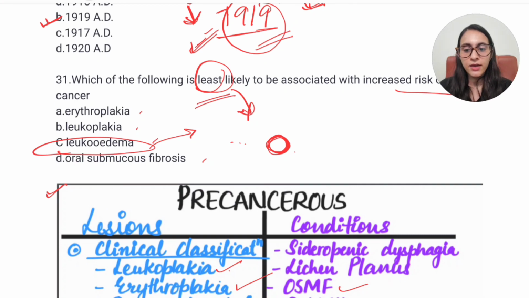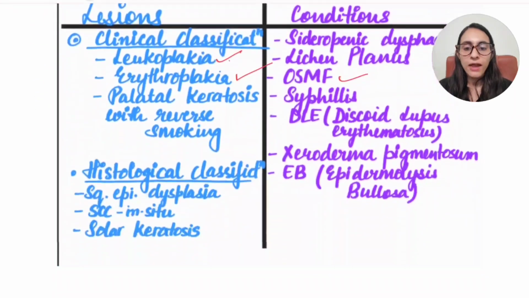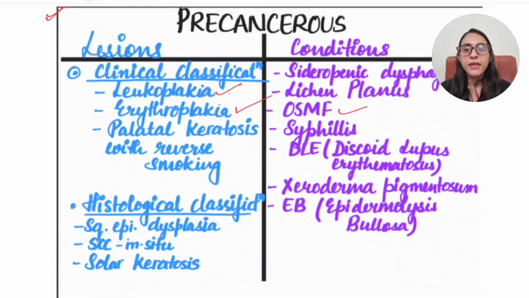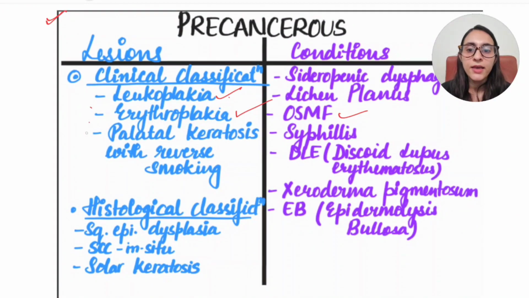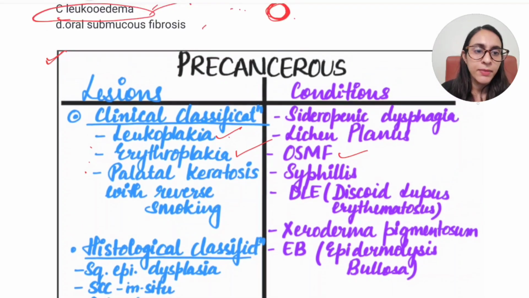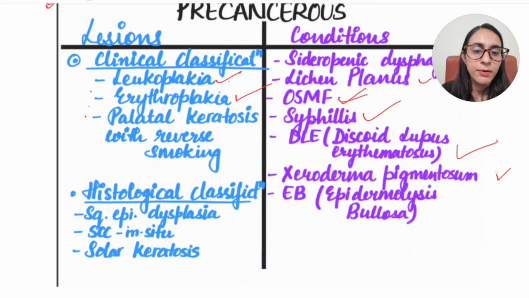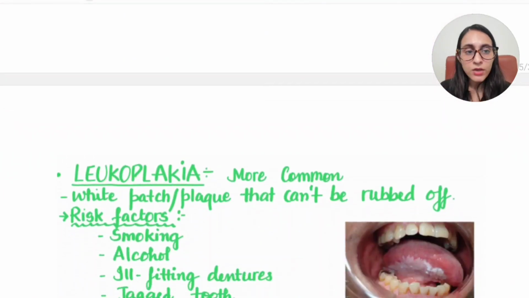All the rest have a high risk of oral cancer. The precancerous lesions are leukoplakia, erythroplakia, and palatal keratosis with reverse smoking, and the conditions are sideropenic dysphagia, lichen planus, OSMF, syphilis, discoid lupus erythematosus, xeroderma pigmentosum, and epidermolysis bullosa.